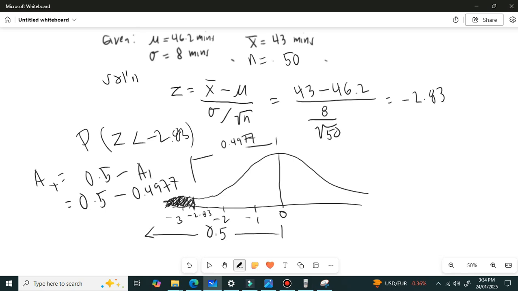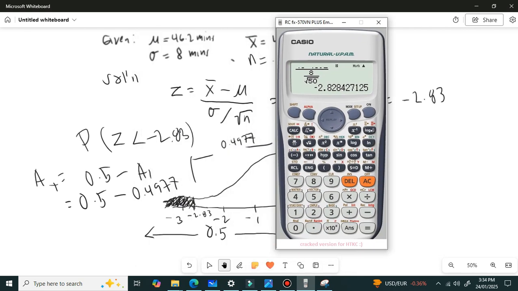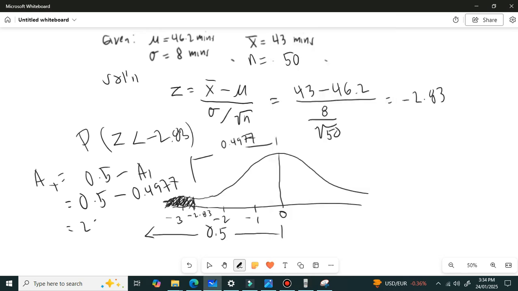So our calculator will give us 2.3 times 10 to the negative 3 in scientific notation, or in decimals it is 0.0023, or in percent that is 0.23%.